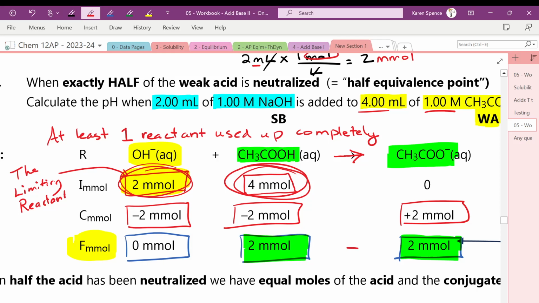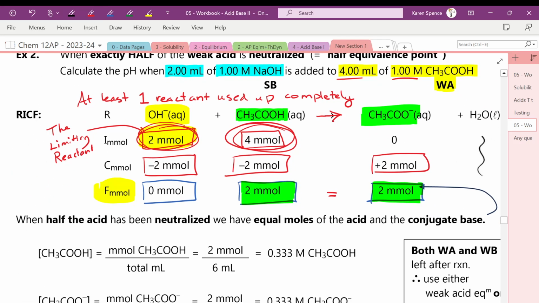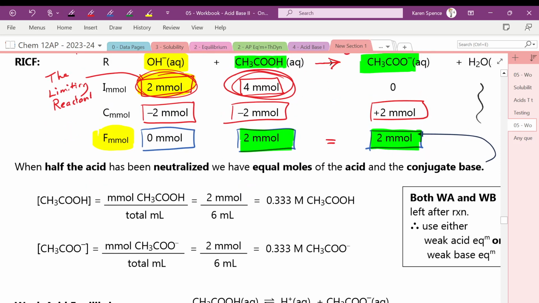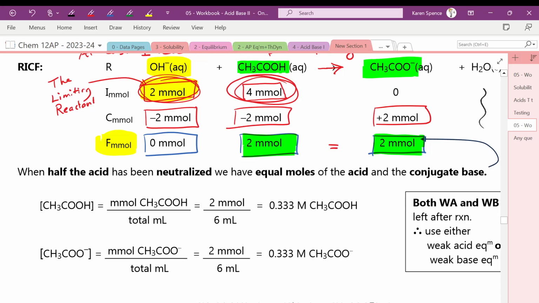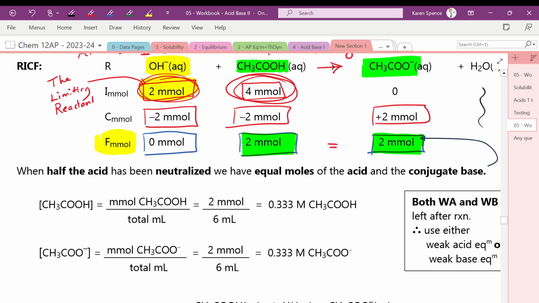And this is going to be lovely because, guess what? We're going to have a Ka expression, right? Well, first of all, I guess we can calculate our concentrations because if we're going to use an ICE table, we need concentrations. So we take our millimoles of acetate, and that is 2 millimoles, and divide by the total milliliters.